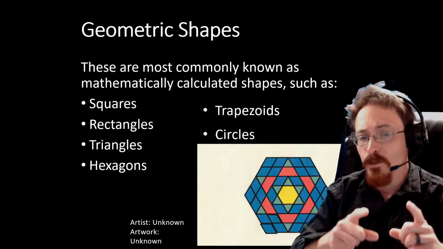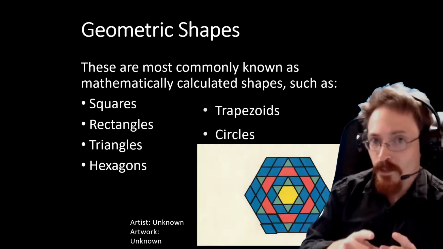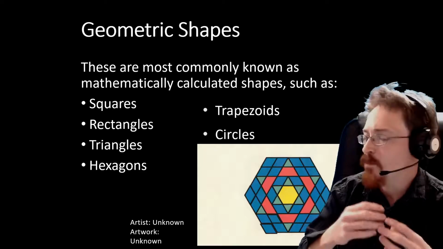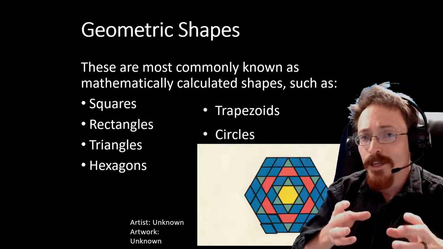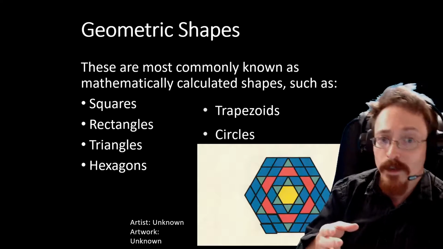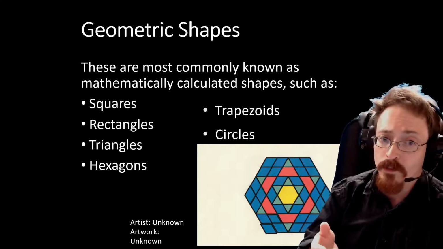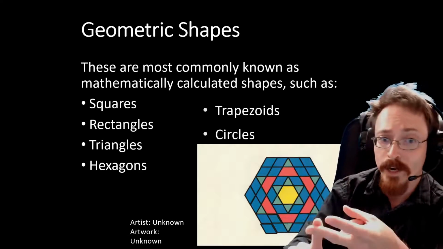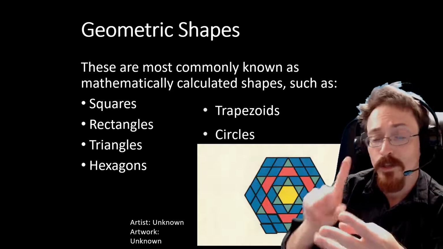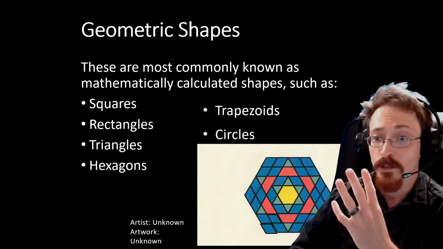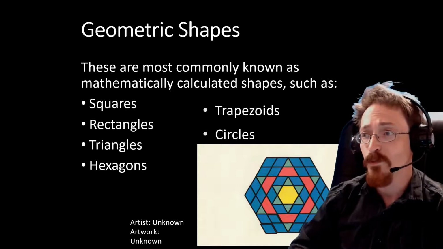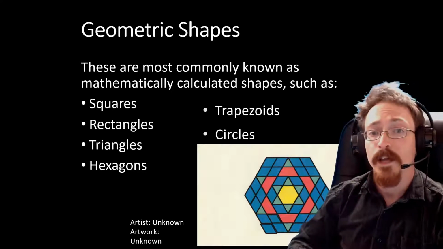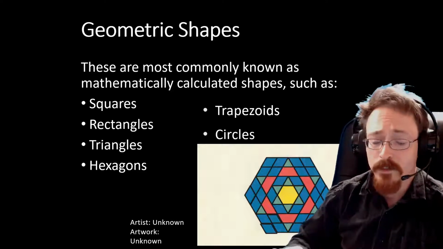If you can think of a standard shape that you remember from elementary school, from your childhood, if you can recognize it as a shape, it's more than likely a geometric shape. For instance, a square, a rectangle, a triangle, a circle, all of those are geometric shapes. The word geometric comes from the word geometry, and geometry is basically math.